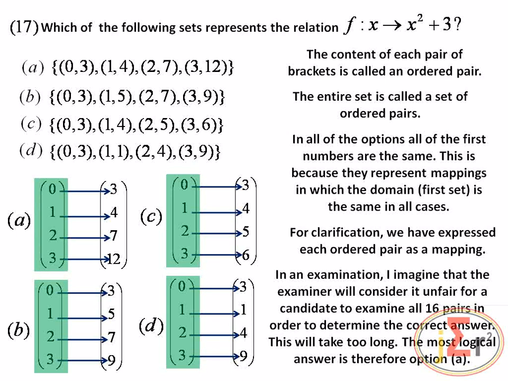And of course, doing that for every single one is going to be very time consuming because we have 16 of them. So based on that fact, it is just a harsh guess that I'm making that A is the correct answer.